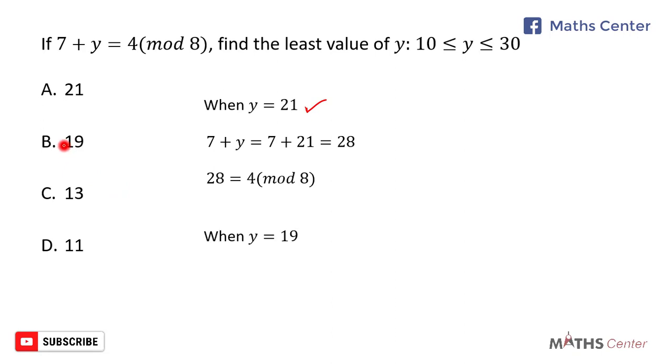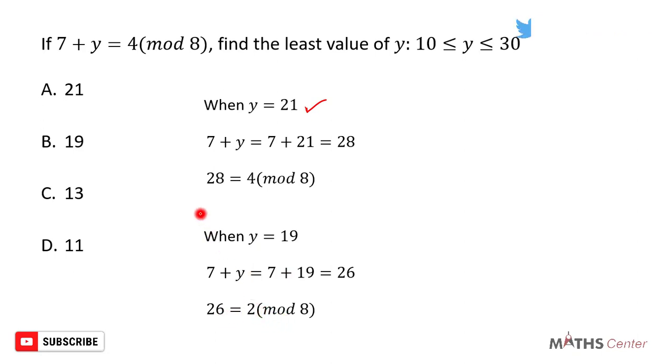The next one is when y is equal to 19. 7 plus 19 gives us 26. The value of 26 in mod 8 is 2, because when we divide 26 by 8, we have 3 remainder 2.